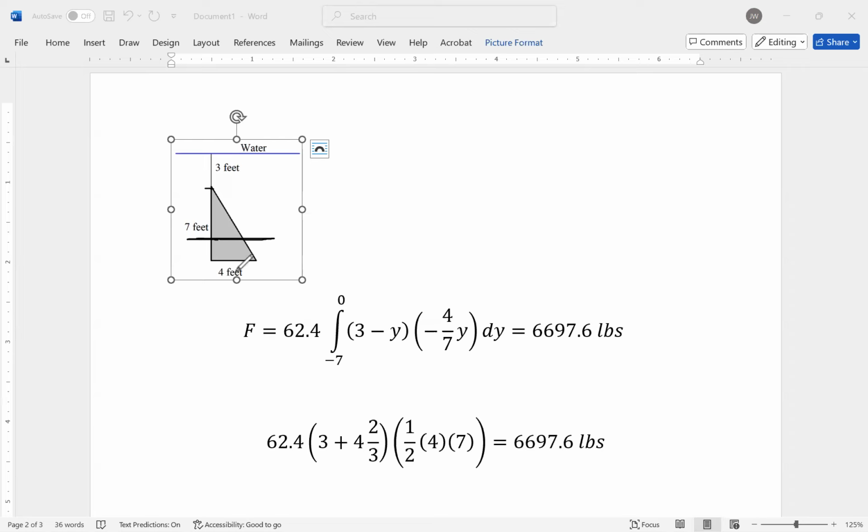Area of the triangle's 1/2 base times height, and multiply times the weight density of water. That gives you the fluid force of the pressure that this triangle is experiencing in water. So kind of an interesting little exercise there. You don't have to do that, obviously, but again, it's just an interesting exercise.